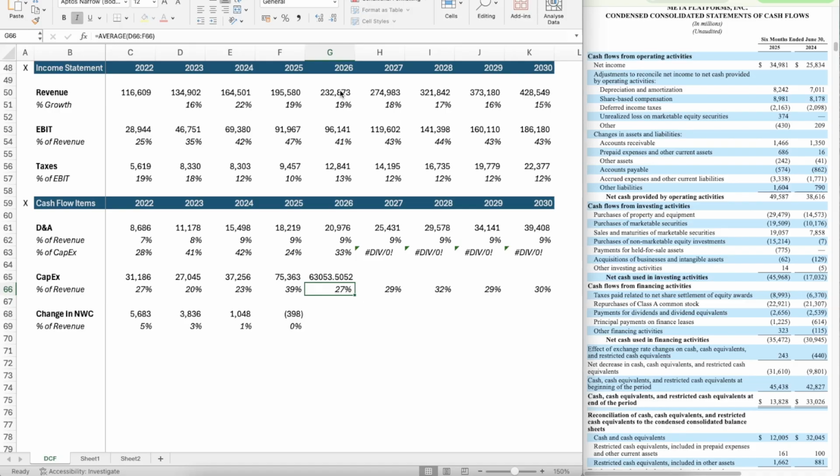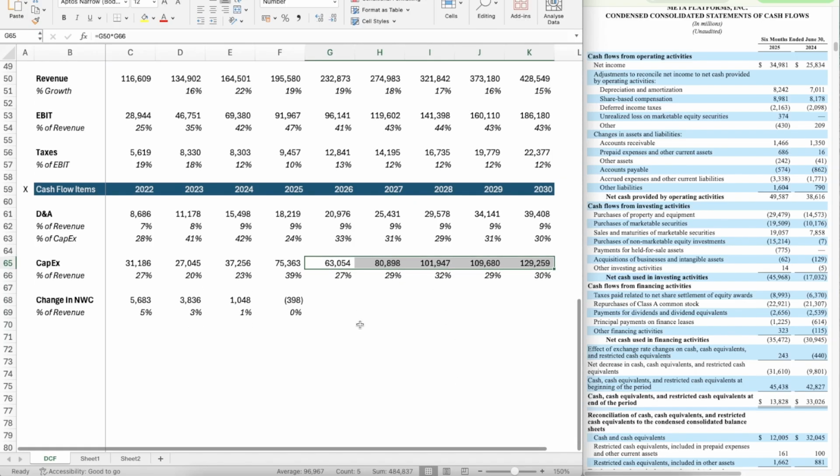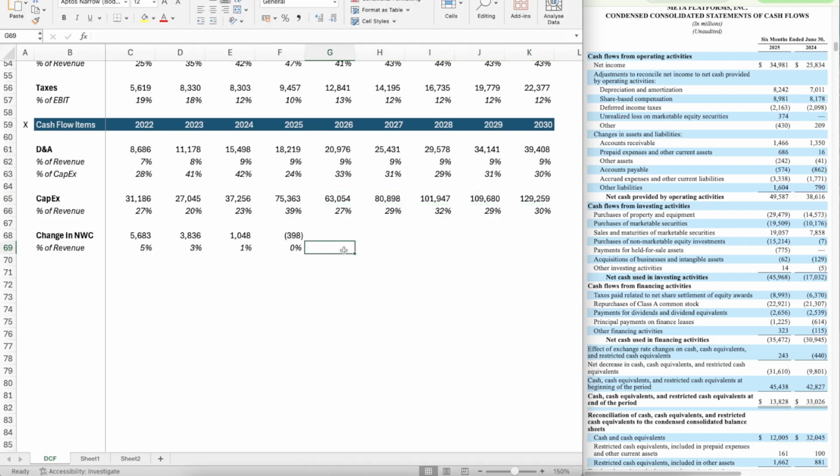Do the same with the CapEx. We just have this very high CapEx over the next however many years. If we sum this up over the next 5 years, look at that, just under 485 billion. Do we put it a bit more aggressive? No, let's leave it like that for now.